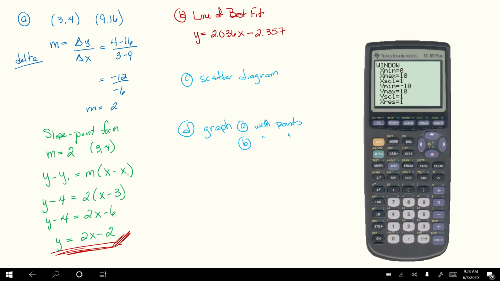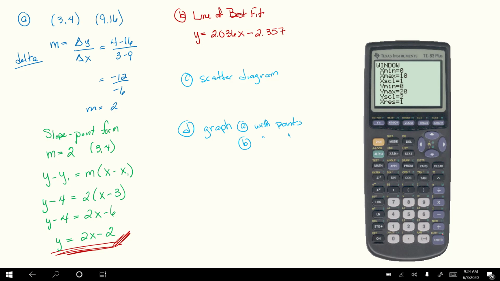Also, if I scroll down, the y min is -10. I don't need it to start at -10. My first y was 4, so I am going to put in 0 for my y min. Now my y max, on the other hand, was 16, wasn't it? So I could have this end at 20. But I don't want the scale to be ones. I want the scale to be 2.